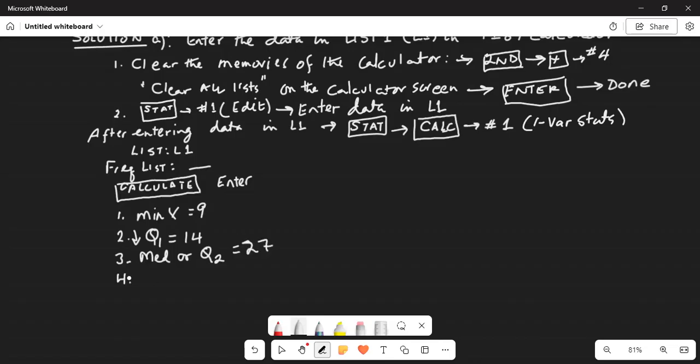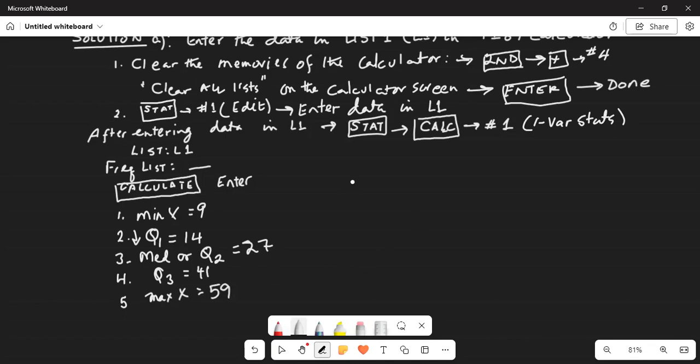Then number 4 will be Q3, which is 41. That is the third quartile. And the last, you scroll down to get the max. MaxX is the maximum number in the data set, 59.